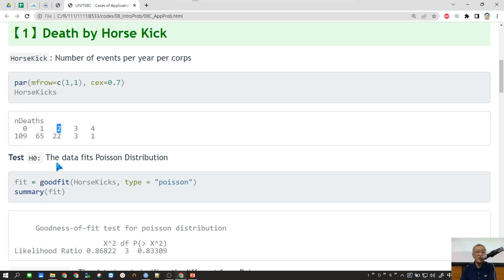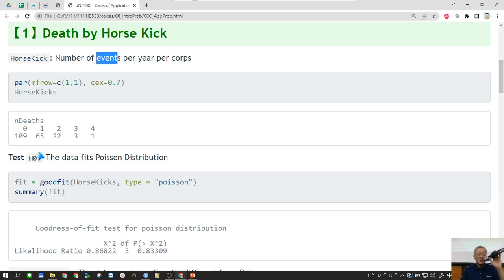No, it assumes that the corps have about the same size, a unit of the army. So 109 is 109 corps-years. They may do the statistics over, say, 5 years. So this number is the event; we define the event per year per corps.